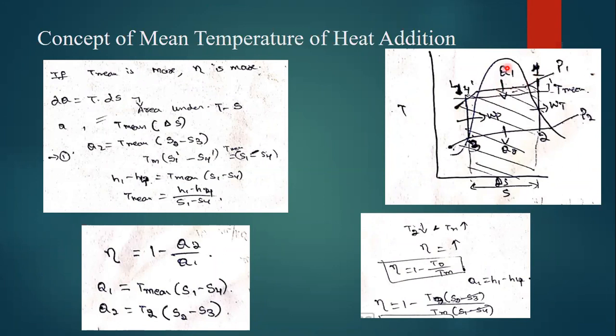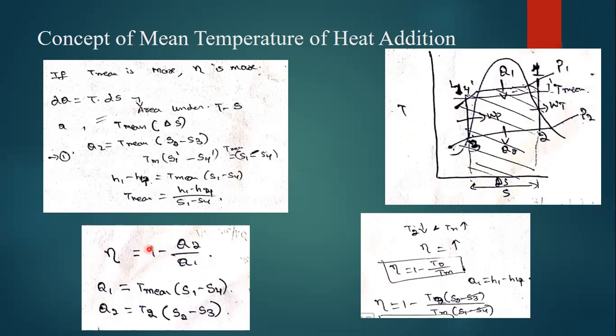So now what is T mean? If I take T mean as constant and take this RHS to LHS, it will become divided by. So T mean is H1 minus H4 by S1 minus S4. Now what is the Rankine cycle efficiency? It is 1 minus Q2 by Q1, which is Q1 minus Q2 by Q1.